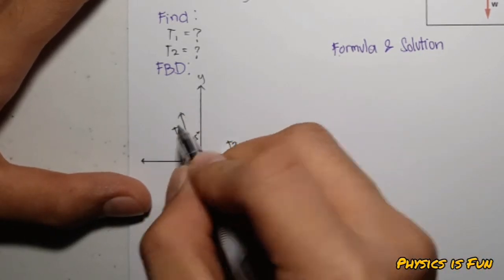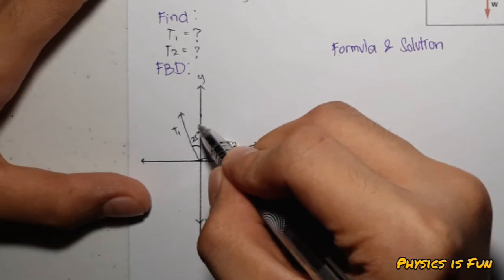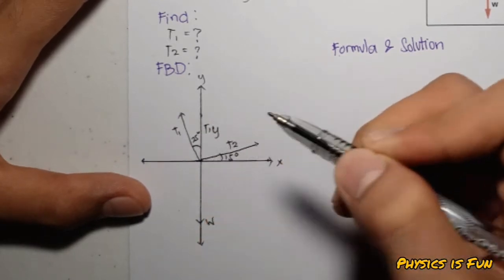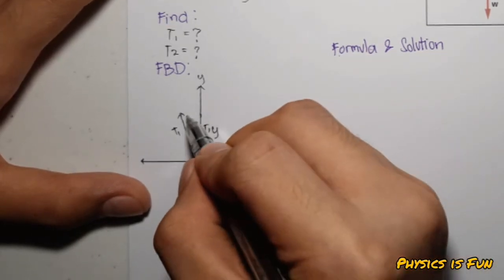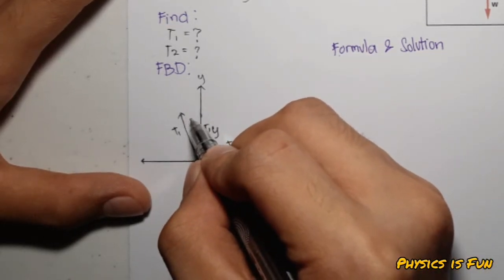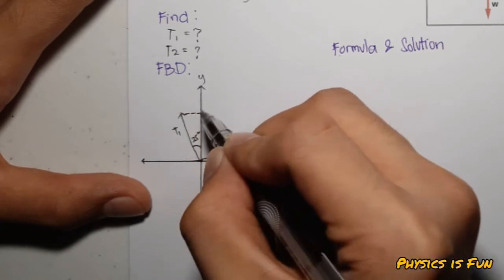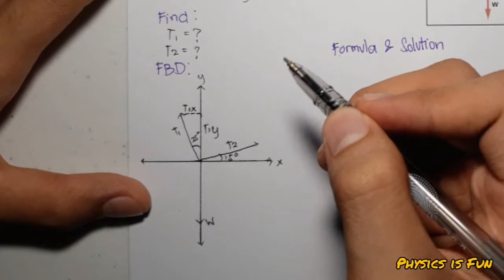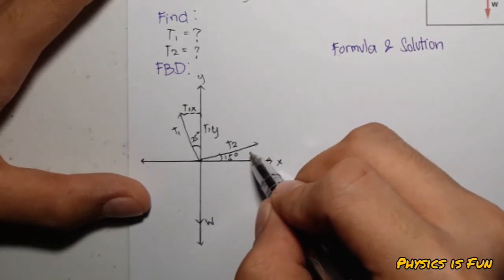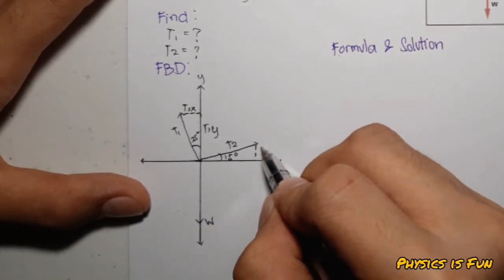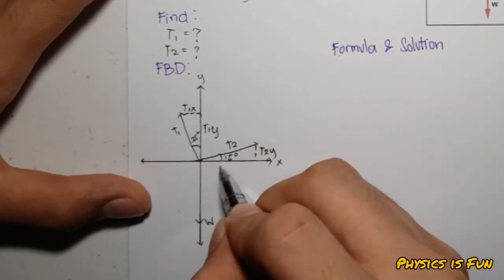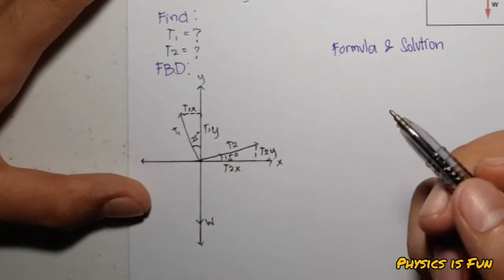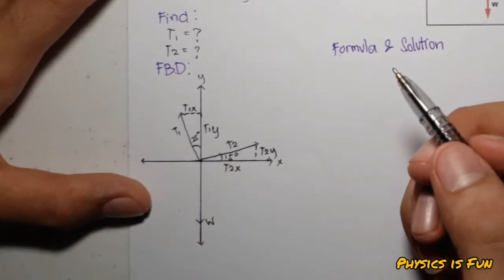The vertical component of tension 1 would be this side. This will be T1y. And then the horizontal component would be this one, T1x. And then for T2, we have T2y. And of course, this one as T2x. But we can simplify that.